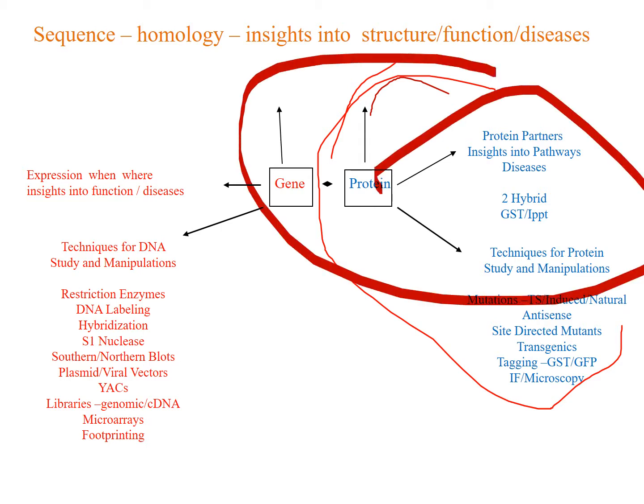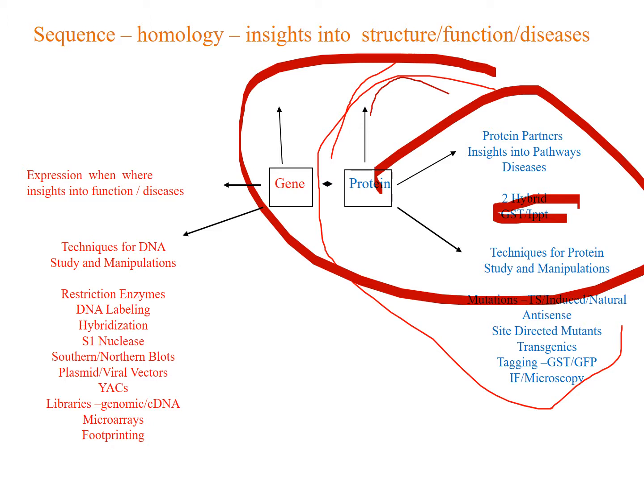Well, anyway, we have the protein. We've talked about protein interactions. We've talked about two hybrid, GST, protein studies, and manipulations. Aspects of cell and molecular are here, various mutations. We have certainly talked about tagging and immunofluorescence here.